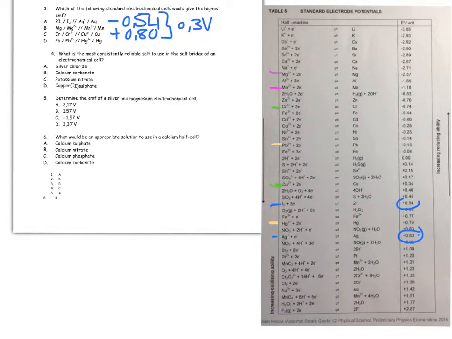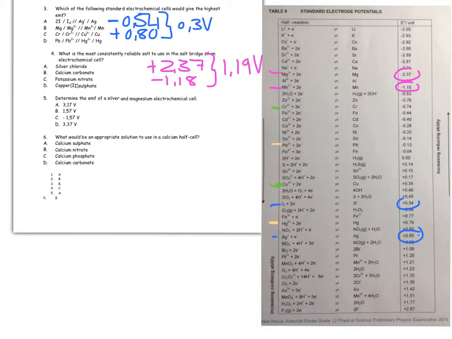The next one is the magnesium and manganese, and there I'm going to go backwards on the magnesium, so it's going to become plus 2.37, and I'm going to go forwards on the manganese, which is minus 1.18, and that leaves me with 1.19 volts, which is not a bad potential difference.